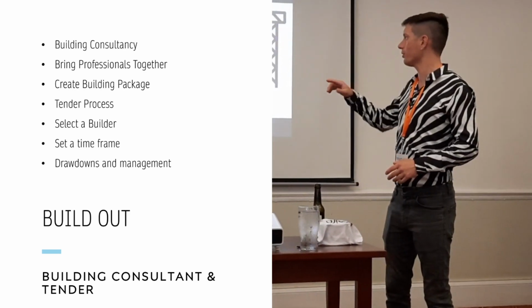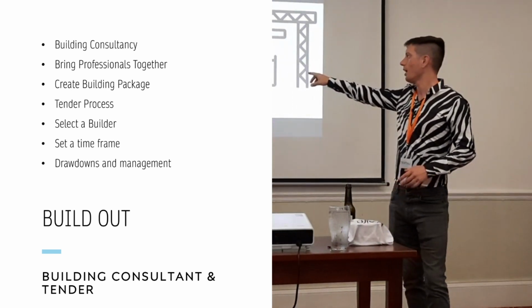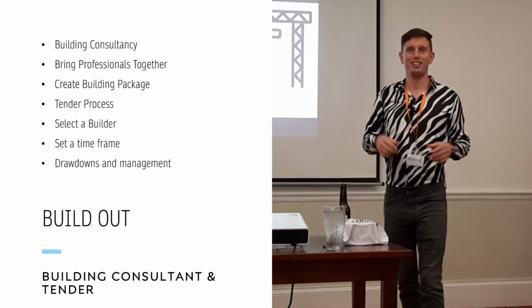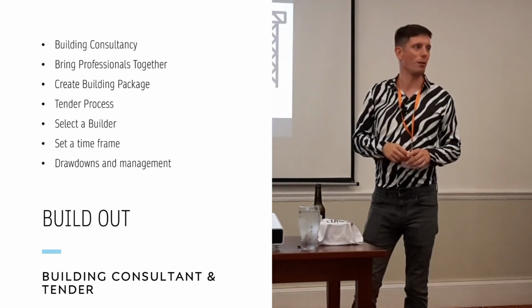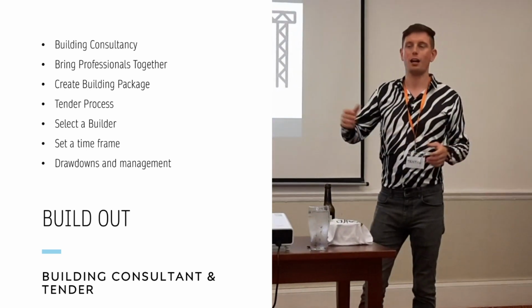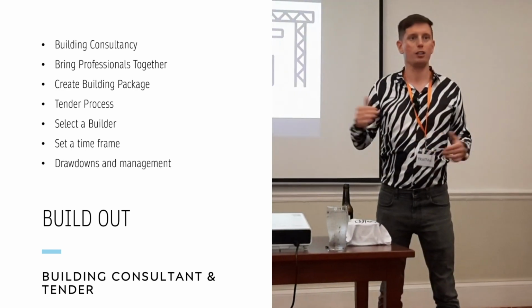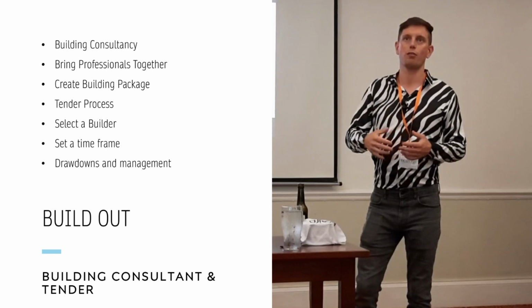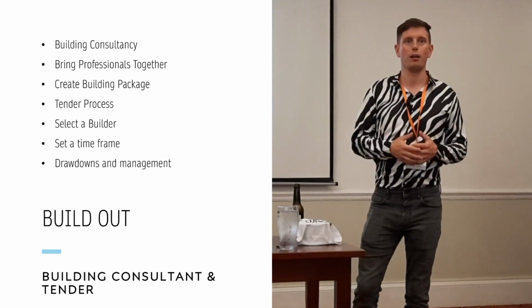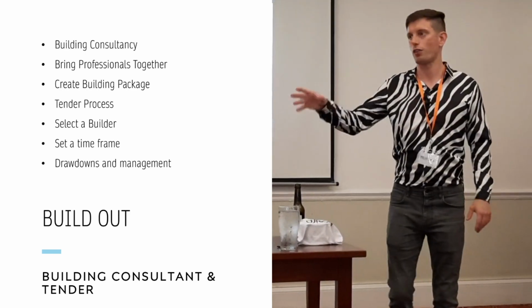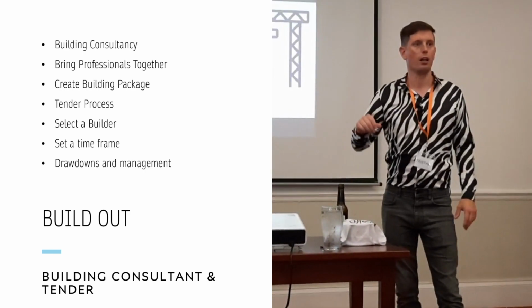But you'll go through all those, you'll find a builder, you'll set a time frame, and then once you get going, you have to keep on top of your money. You really have to keep a close eye on it because it can easily run away, and that will be working out roughly what time and what expenditure is going to go out where. And you're going to say, look, we've currently spent £75,000, the run rate on this, so how much you're spending each month, we're roughly going to hit £100,000 in about a week and a half's time.